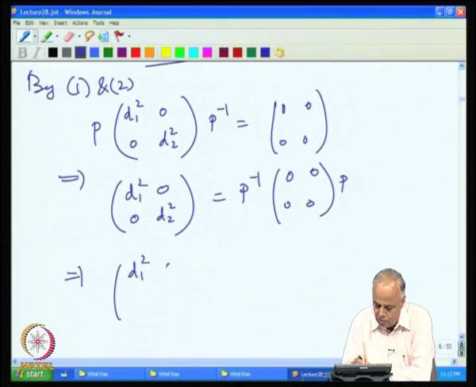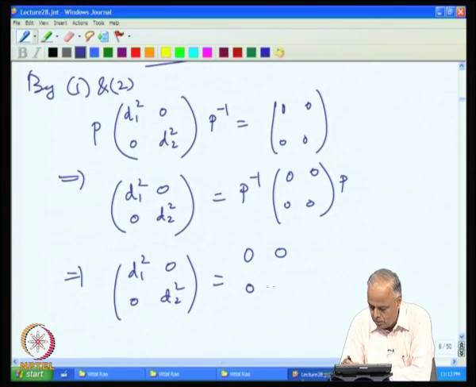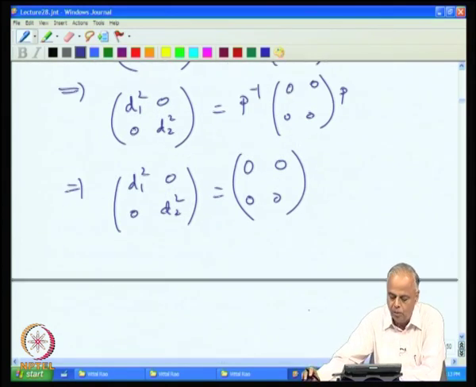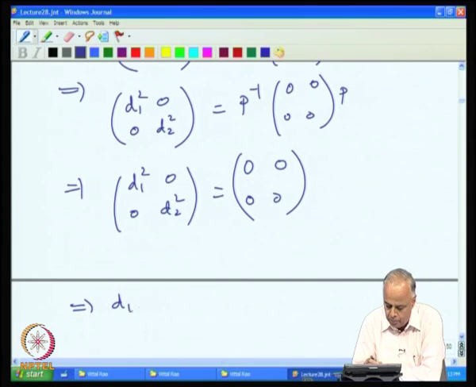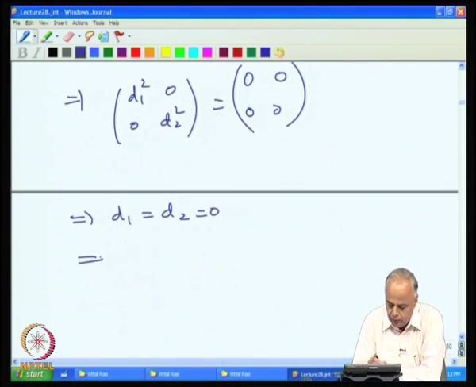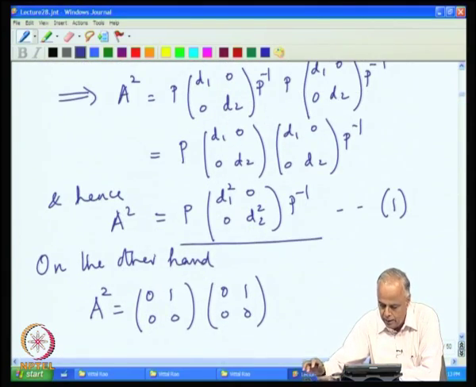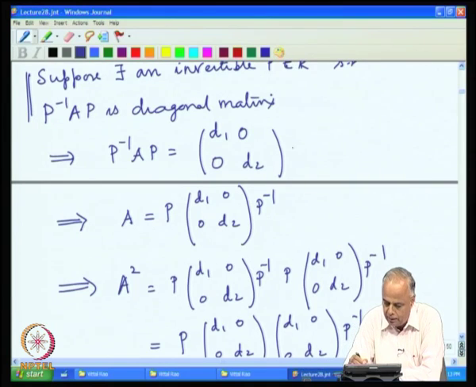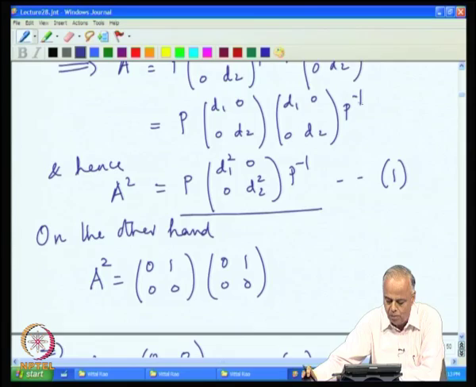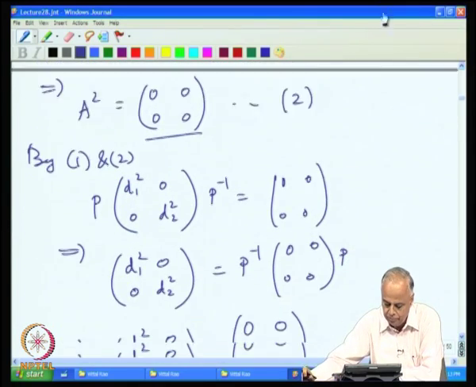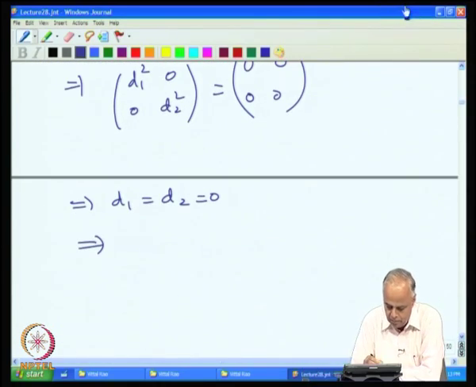So, we get diag(D1 squared, D2 squared) is the 0 matrix, and therefore, it implies D1 is 0 and D2 is 0, which means the matrix D we got here, let us suppose I call this matrix D, D must be the 0 matrix.